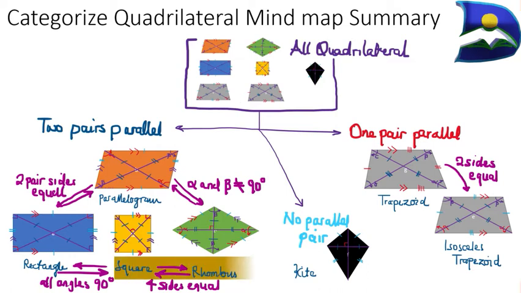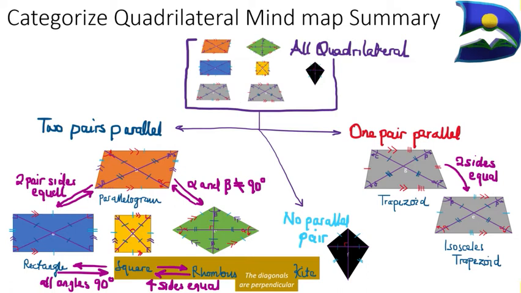A square, a rhombus, and a kite have 2 diagonals that form a 90-degree angle with each other, which means the 2 diagonals are perpendicular to each other. So that's about it for this segment, using the length, the parallel lines, and finally the diagonals to categorize all quadrilaterals.